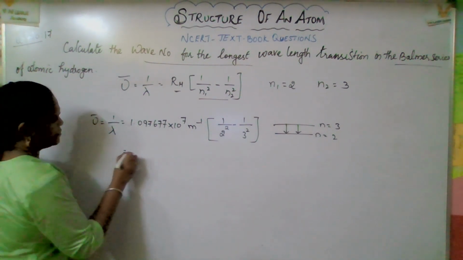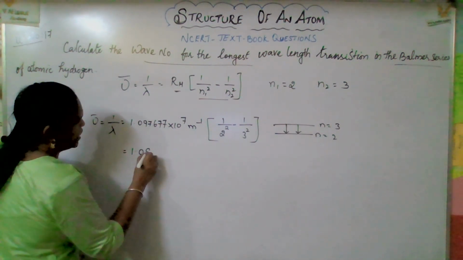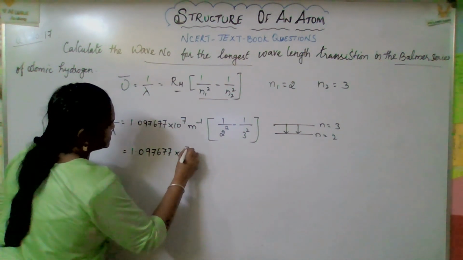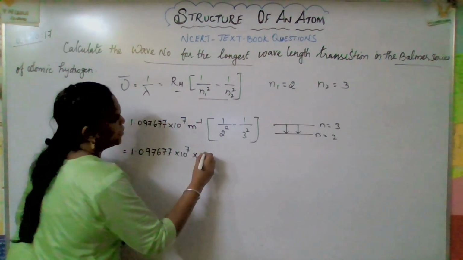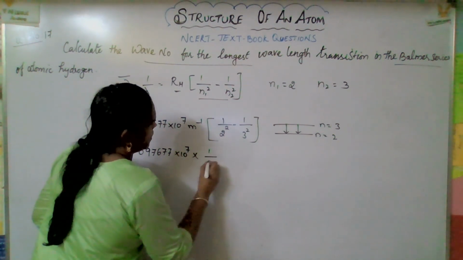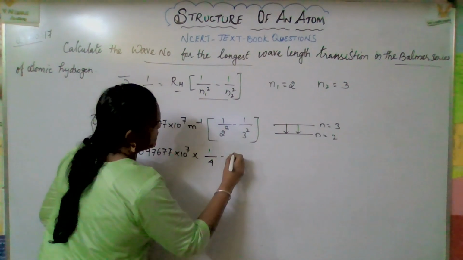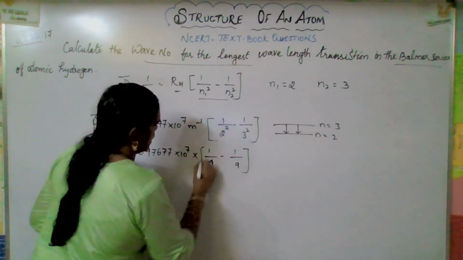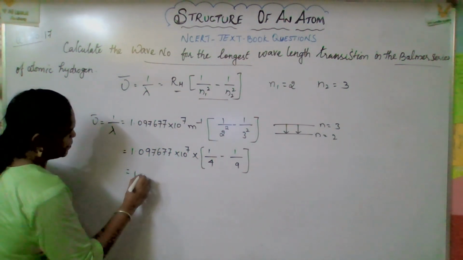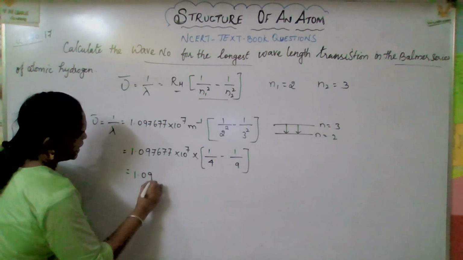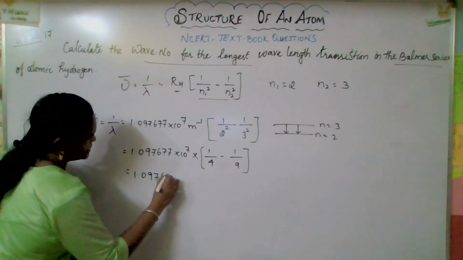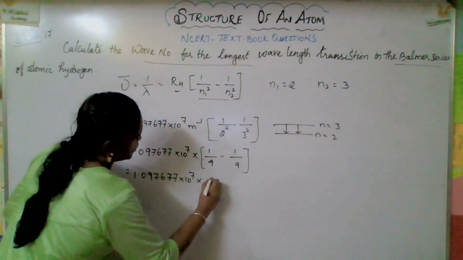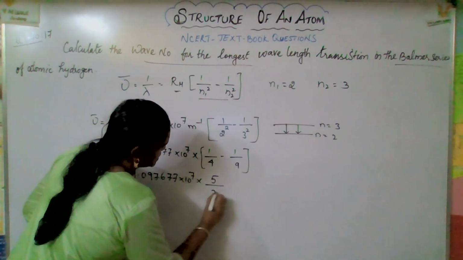Okay, now that means 1.09767 into 10 to the power of 7 into what it is? Here 1 by 4 minus 1 by 9. Right? Okay, so that means 1.09767 into 10 to the power of 7 into 5 by 36.